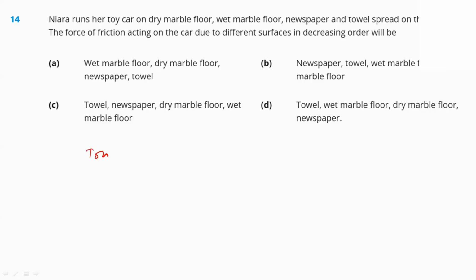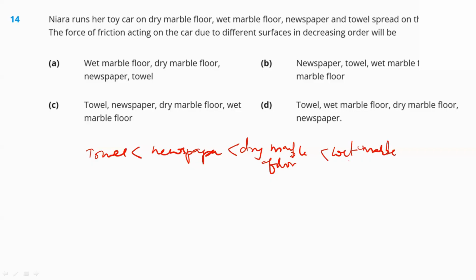Then the newspaper, which is a little less rough than the towel. Then the dry marble floor, which is smooth enough. Then the wet marble floor, which is very smooth compared to the dry one. So option number C is the correct answer.